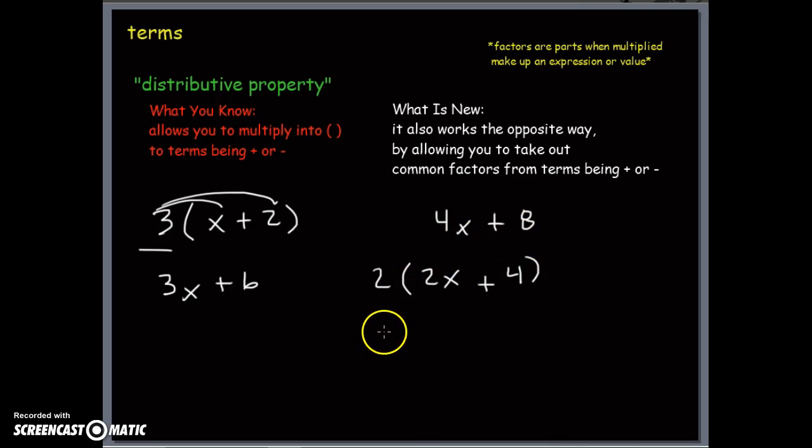Or you could have had maybe 4 times x plus 2, because 4 times x is 4x, and 4 times 2 is 8. So we're trying to go from something like this to something like this or this. Let's get into the first example today.